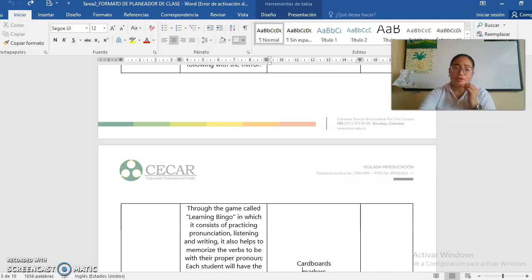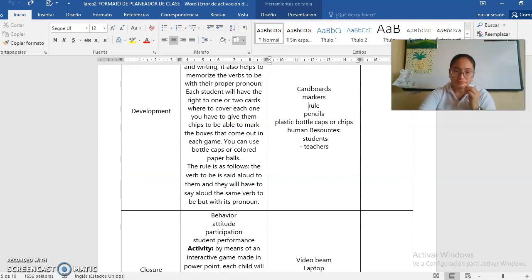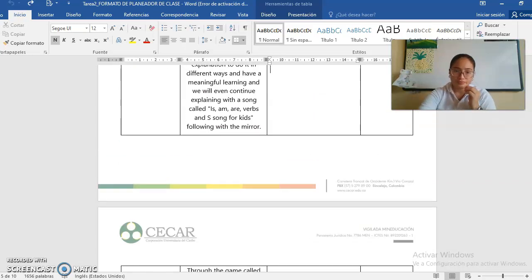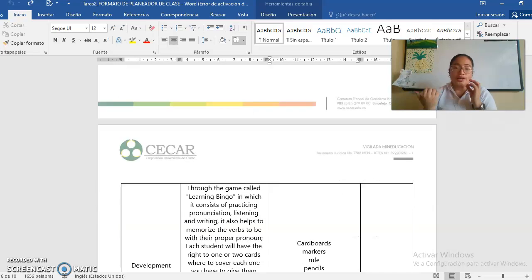Development. Through the game learning bingo, which consists of practicing pronunciation, listening, and writing, it also helps to memorize the verb to be with its proper pronouns.